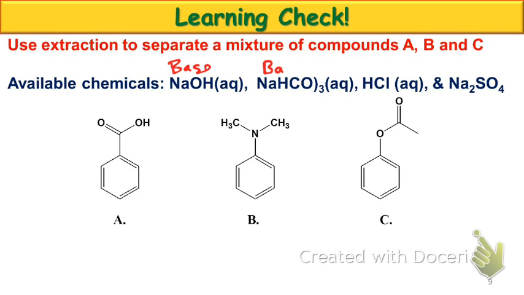It's also a base, happens to be a weak base. What do weak bases react with? Strong acids. They can't react with weak acids. What do strong bases react with? All acids. Okay? HCl is a strong acid.